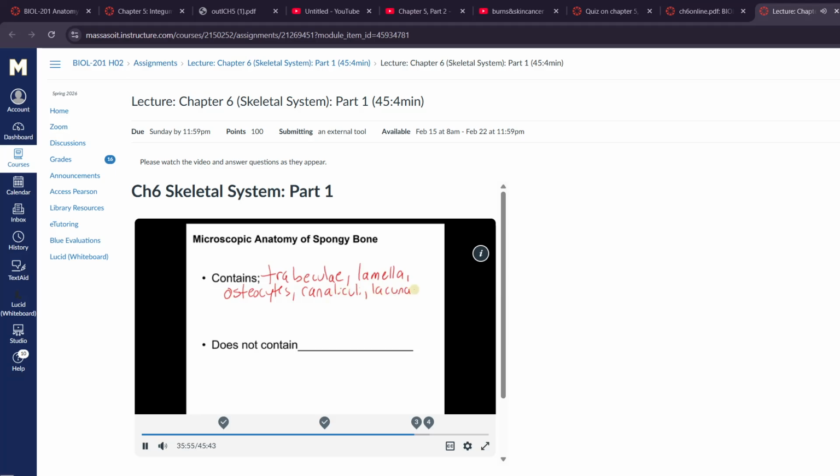The only thing you don't have in spongy bone that you have in compact bone is what? You think of it? Well, osteon. So spongy bone doesn't have the formation of the osteon, but otherwise it's pretty much the same.